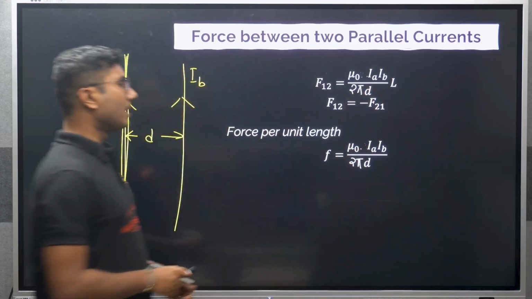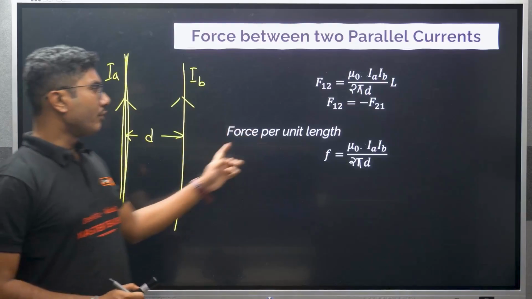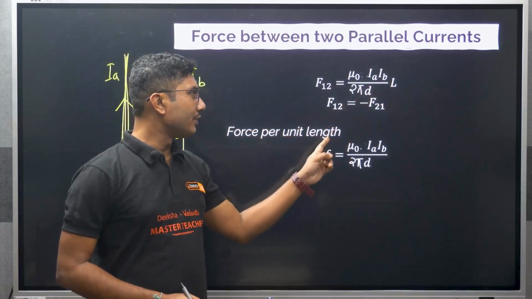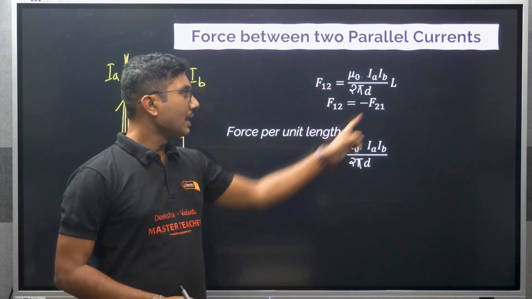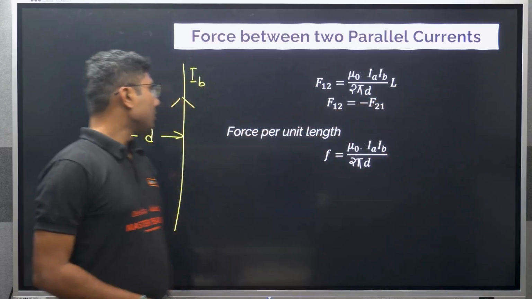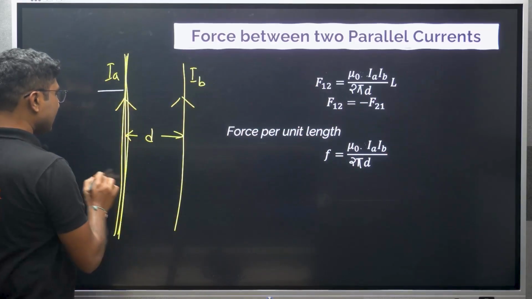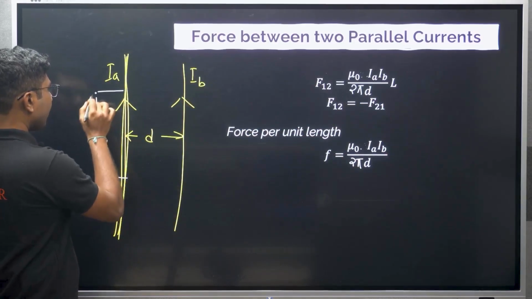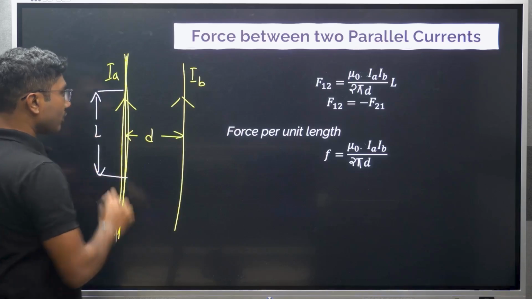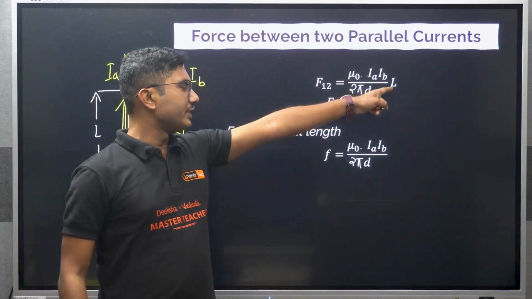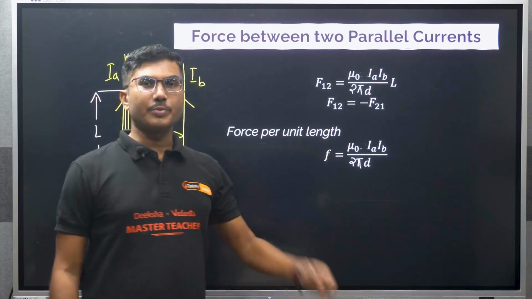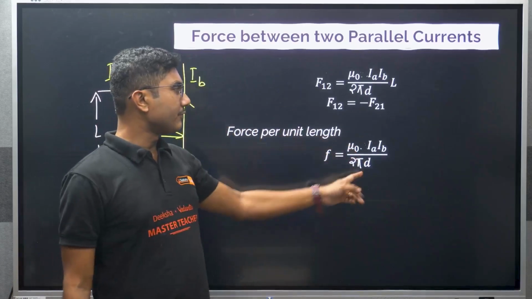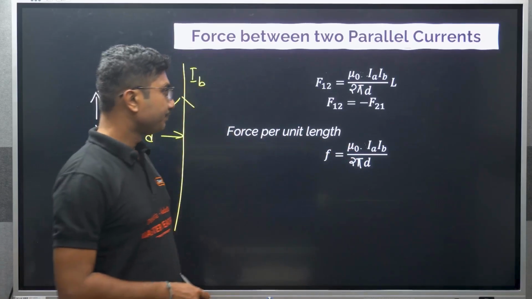Now force per unit length is when you divide this force by this capital L. So you take some arbitrary length initially to calculate the force, and then you divide the force by this length to calculate the force per unit length. So this is the formula for force per unit length.